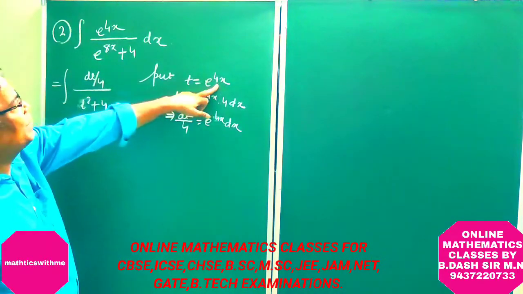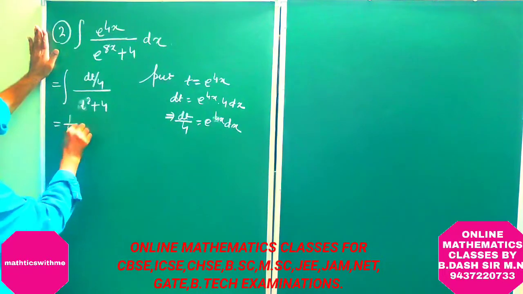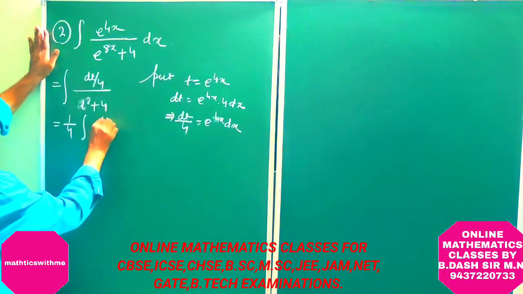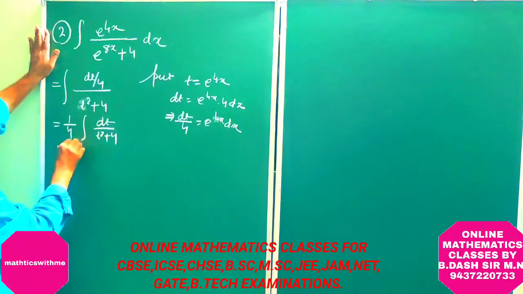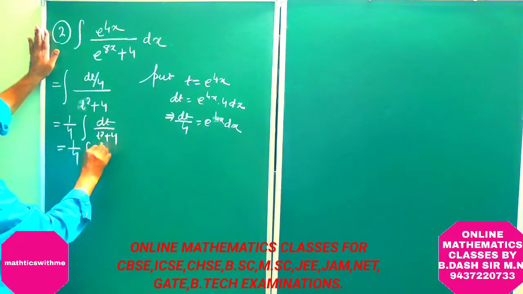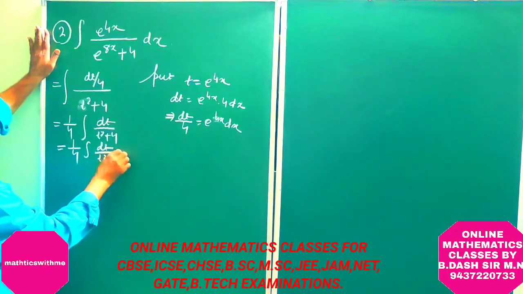Because t is e to the power 4x, t square is equal to e to the power 8x. So this is 1 by 4 dt by t square plus 4. This is 1 by 4 dt by t square plus 2 square.